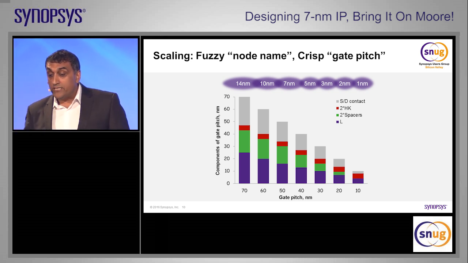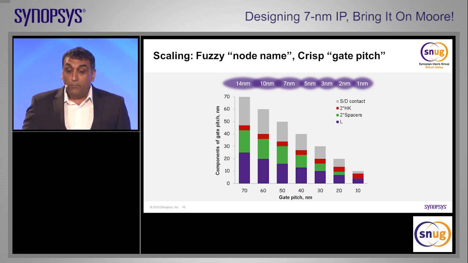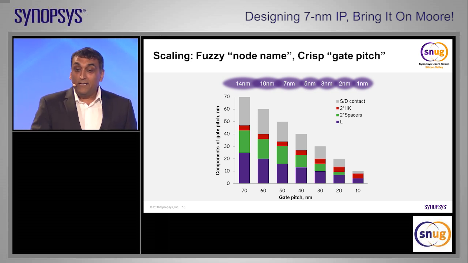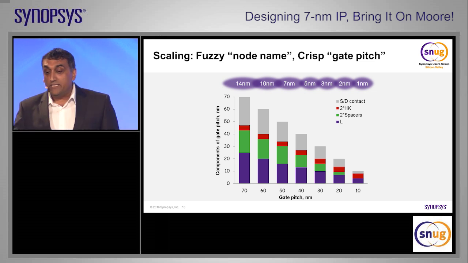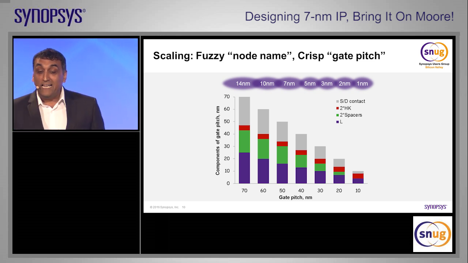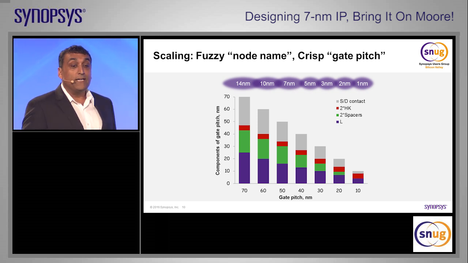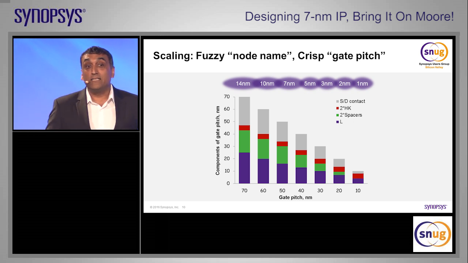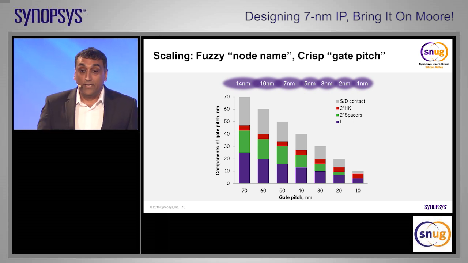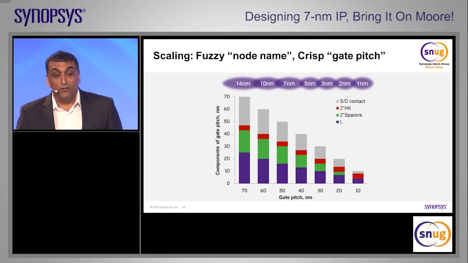So what I did here was I took that purple line from the previous slide and represented it in that purple bar. If you look at the fuzzy circles at the top, 14 nanometers, 10 nanometers, 7 nanometers don't actually represent anything in terms of the technology size. It's all to do with the gate pitch. So the gate pitch is the most important dimension when you're looking at the feature size of the technology that you're working in. I'm going to move into a little bit of a refresher of FinFET technology before we go deeper into 7 nanometers.